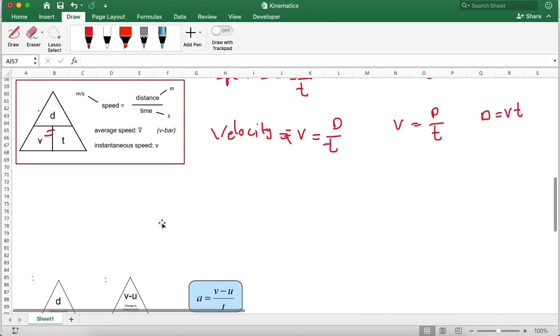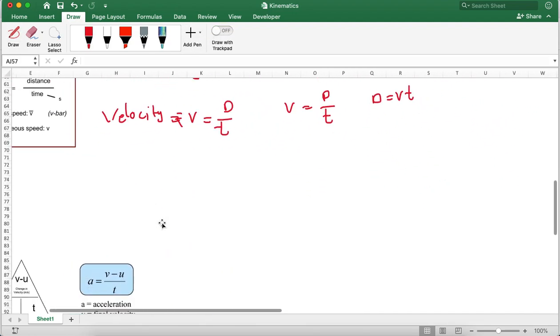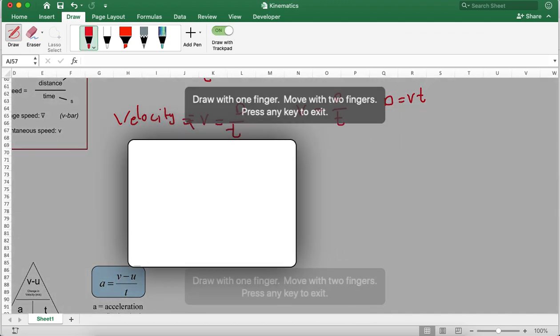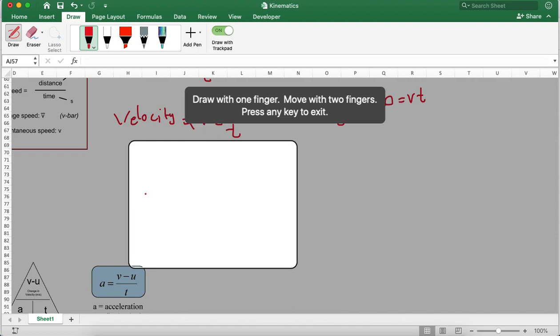Now I'll explain one more thing with an example. For example, there are two points, point A and point B. An object of mass m started from point A and moved to point B. Let me say the object started from point A with a velocity u and reached point B with a velocity v.